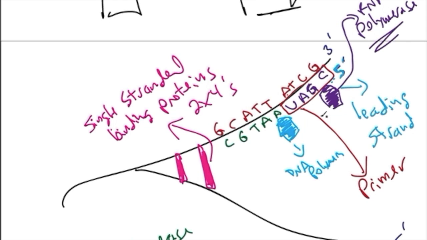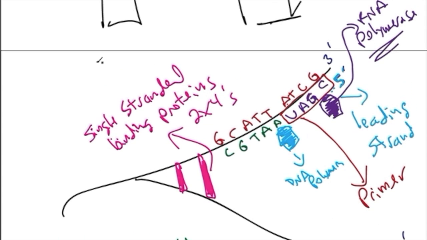Okay? Then you get another DNA polymerase molecule, another one, and it comes along, and it's going to go, no, no, no, that needs to be a T. Does that make sense? Okay.